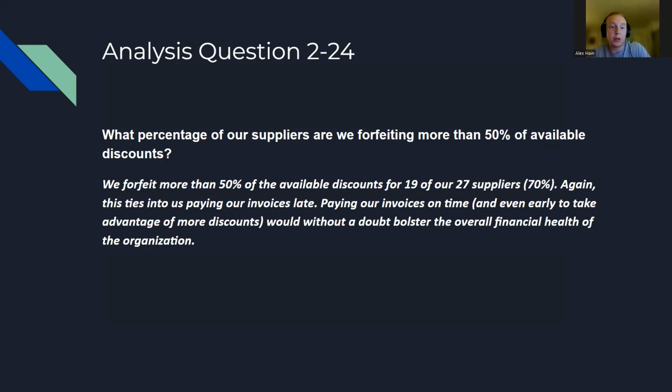We forfeit more than 50% of the available discounts for 19 of our 27 suppliers, and that's 70%. Again, this goes back to paying those invoices late. I think paying our invoices on time and even early would increase the overall financial health of the organization, and a lot of other good things come along with that.